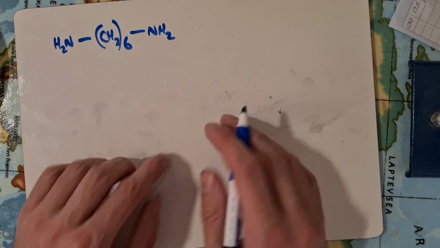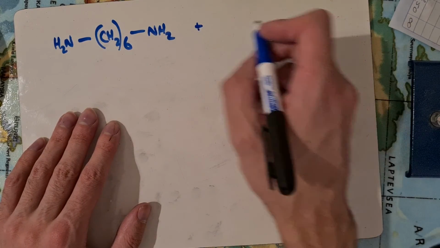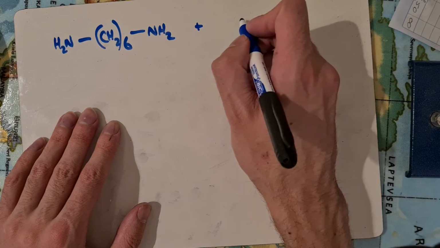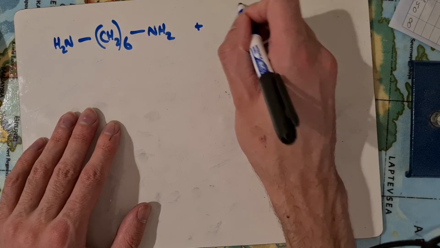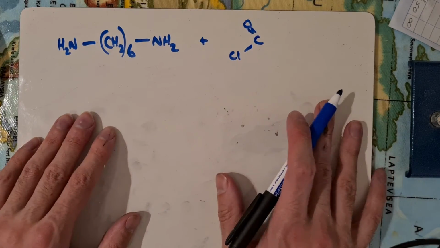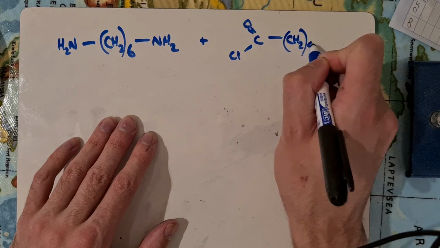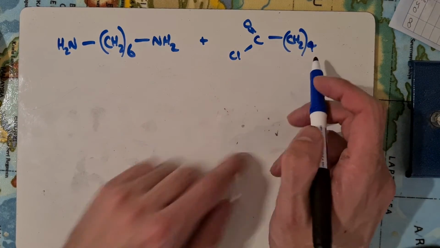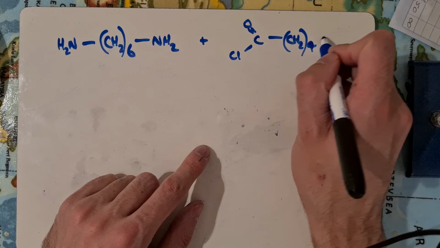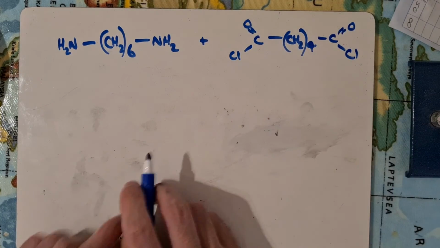Hexanedioyl chloride will be similar again, but on the ends we'll have an acyl chloride, not a carboxylic acid. So we'll have 4 CH2s in a row, because our first carbon is in the acyl chloride, and then our 6th carbon is in the acyl chloride as well.